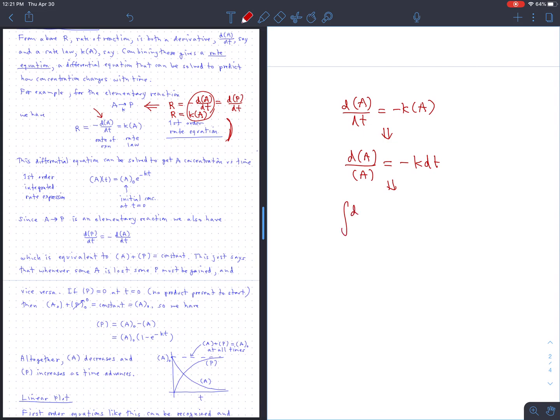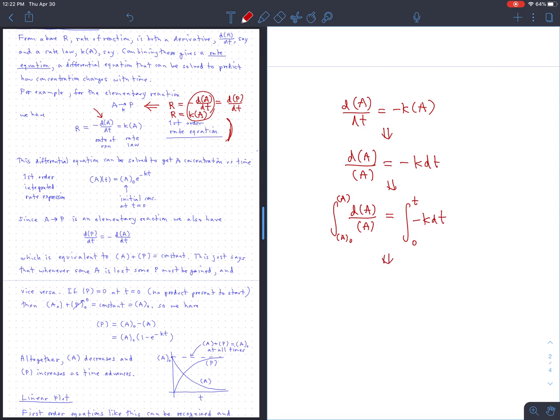The integral of dA over A, and let me emphasize the limits here on the integration, from the value of A at time 0 to the value of A at some later time, has to equal the integral from t equals 0 up to t of minus k dt.